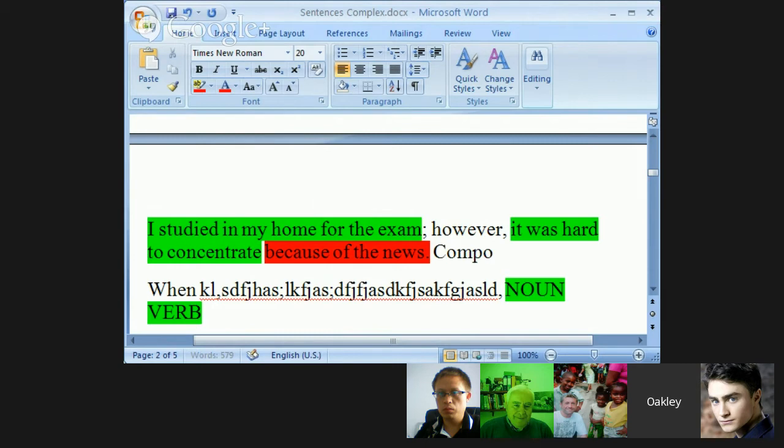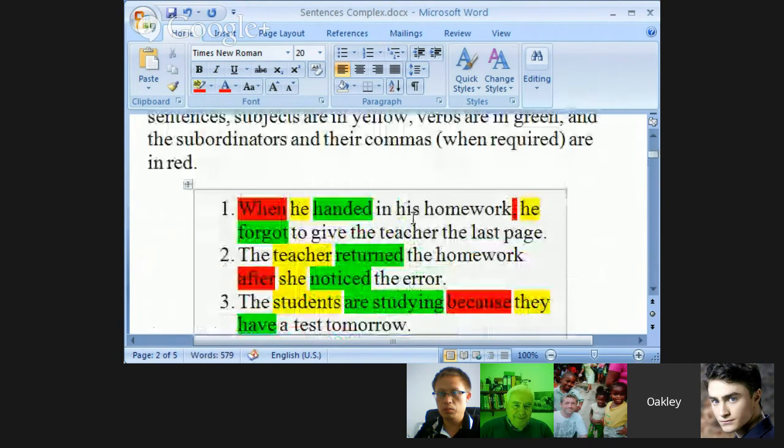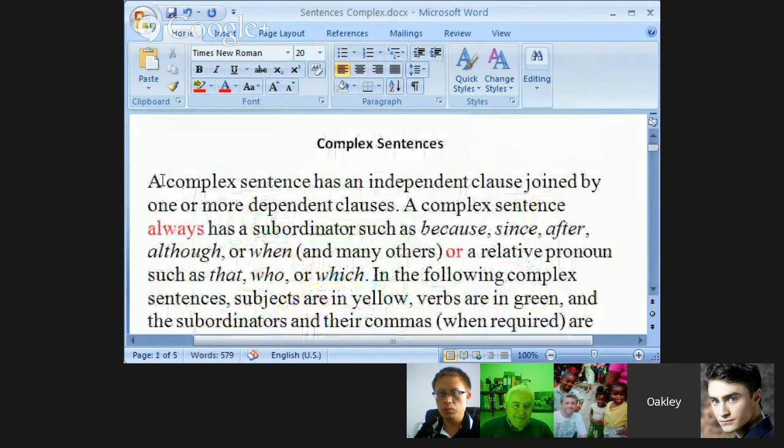A complex sentence has just one independent clause. Very interesting because you didn't need to do that, but you chose to do that. That's not wrong. Oh, okay.